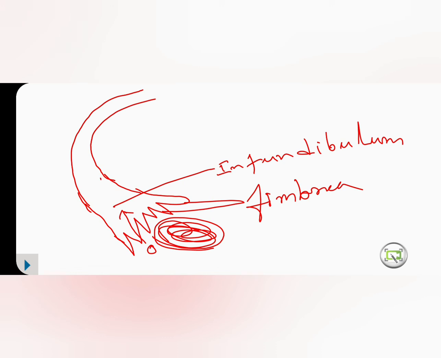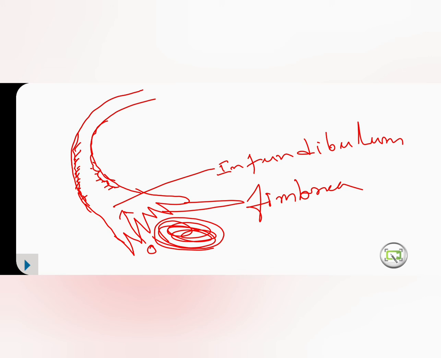The inner walls of the fallopian tube are lined with ciliated epithelium. Means this epithelial tissue contains small cilia. These cilia play an important role in the movement of the ovum.